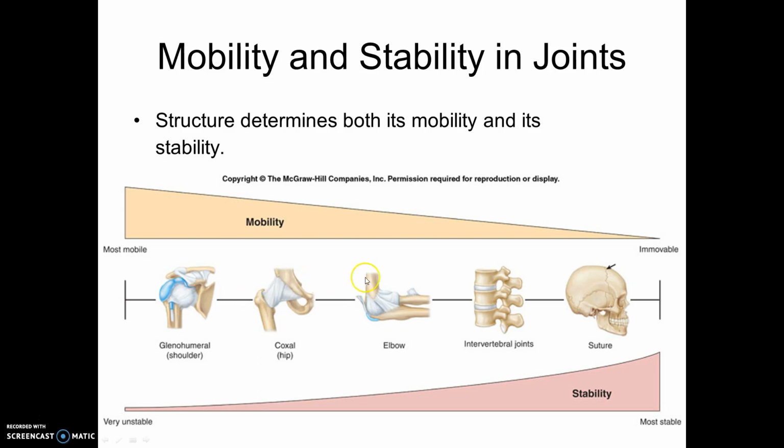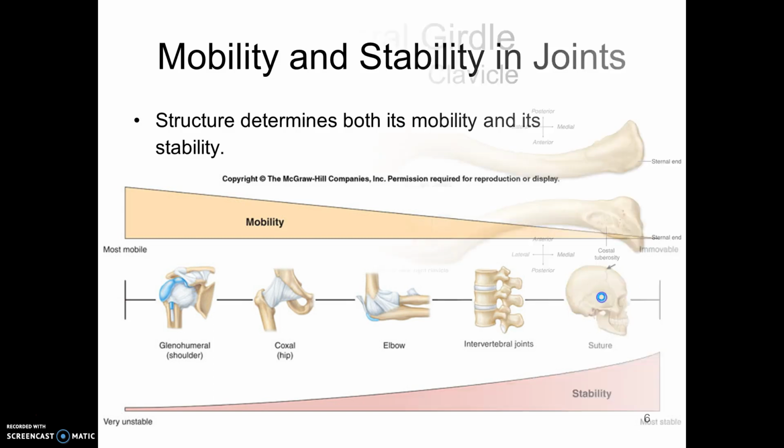And then as we move up from left to right, we're moving into less mobility but more stable joints. We have talked already about the intervertebral joints between the discs being amphiarthroses, whereas over here we're going to have a synarthrosis with the joints in between the cranial bones. And we'll talk more about those joints in Module 3.